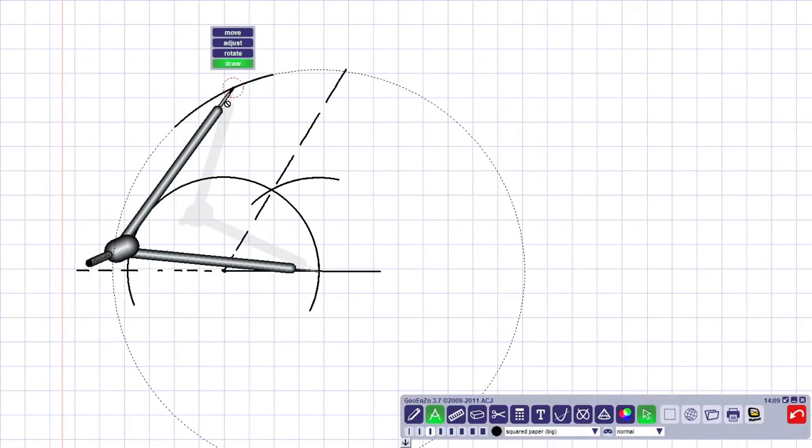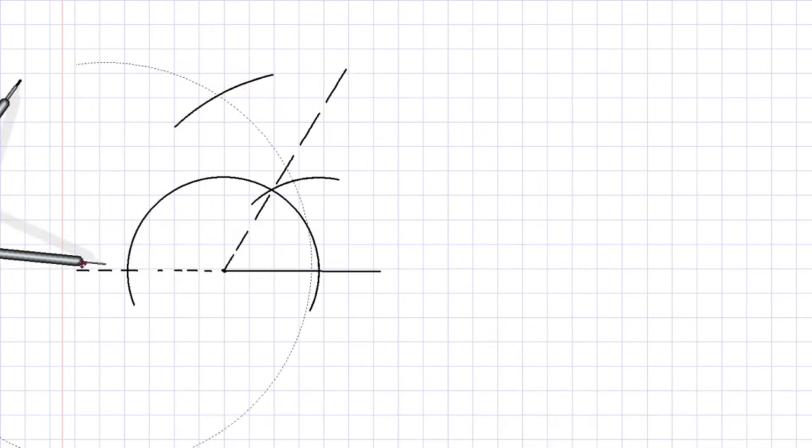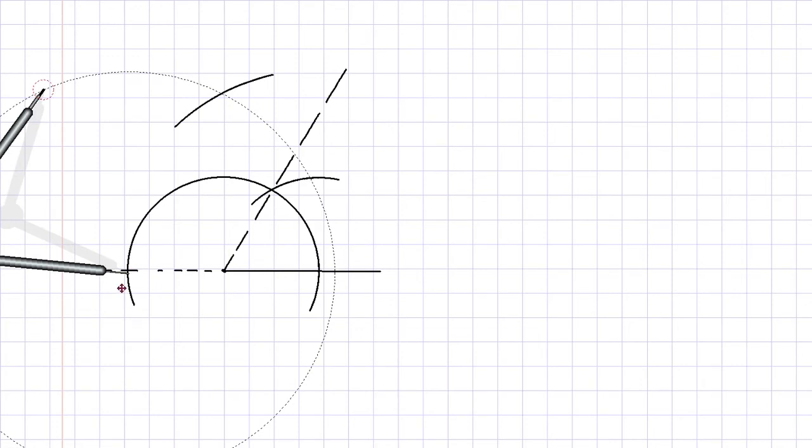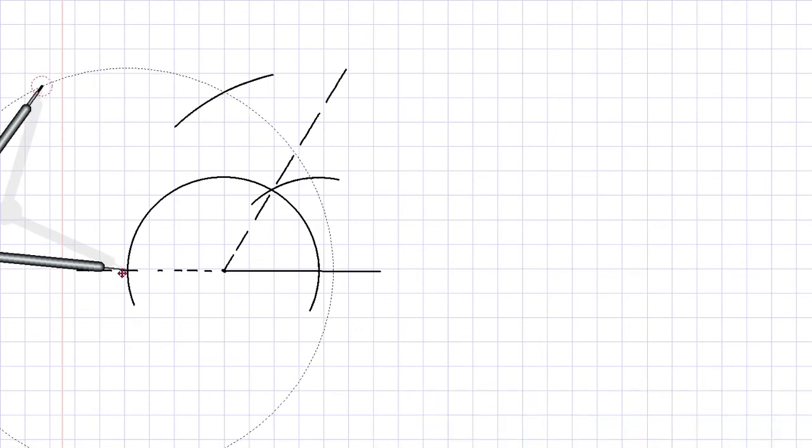Now without changing the distance between tip of pencil and tip of compass, place the compass here.